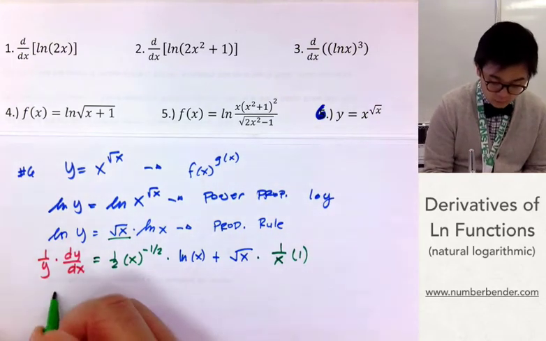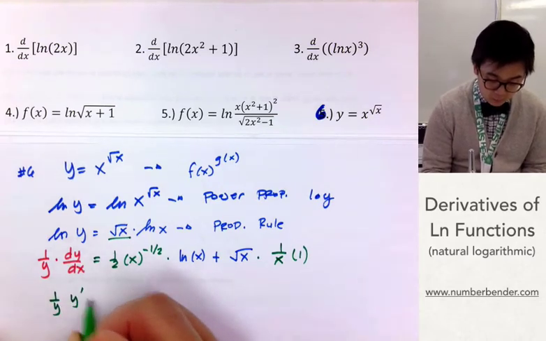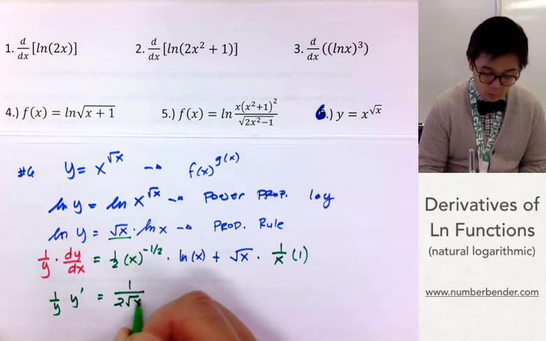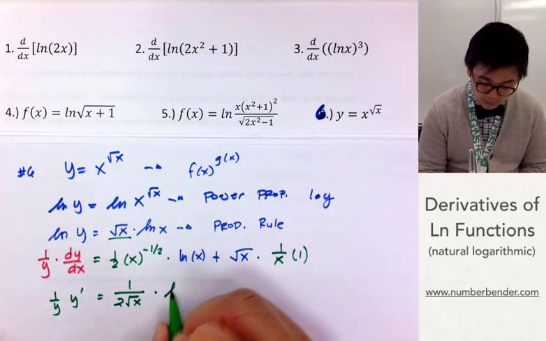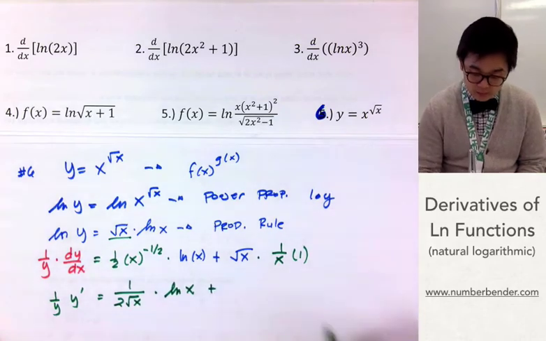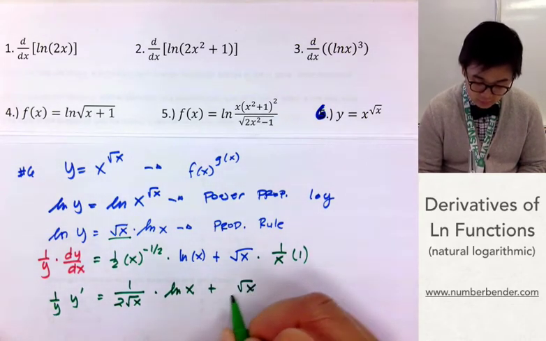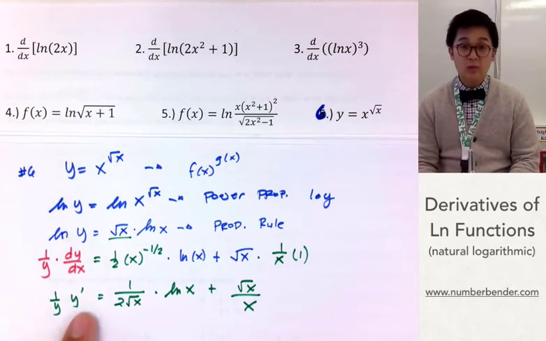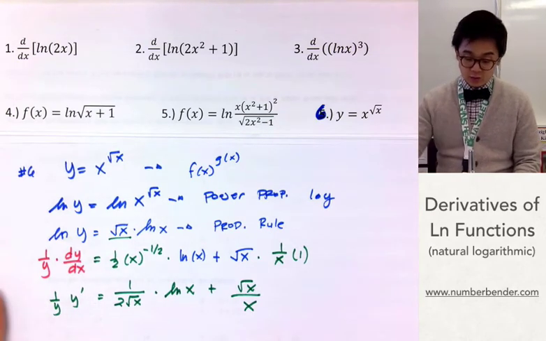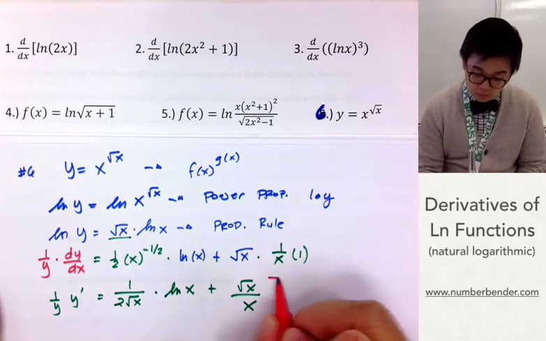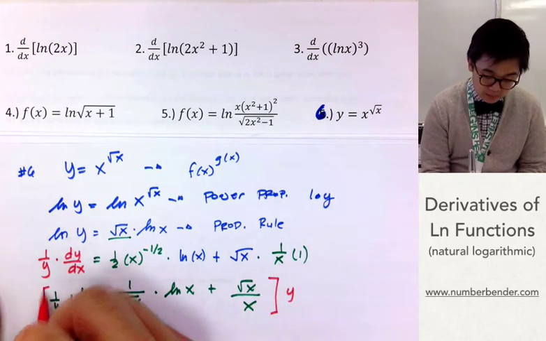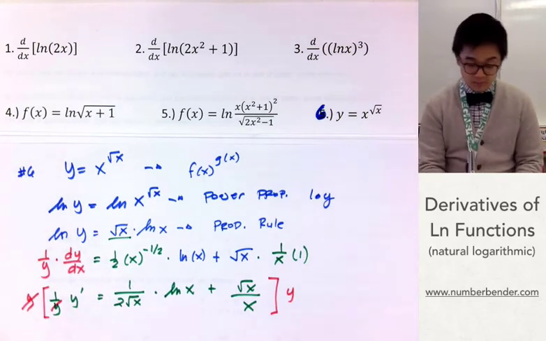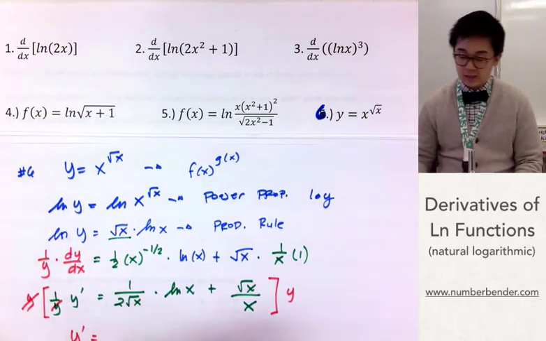So now we have 1 over y times y prime equals 1 over 2 square root of x multiplied by ln x, plus square root of x all over x. This is now the derivative function, but we need y prime by itself. So we multiply both sides of the equation by y, so we can get rid of this using algebra, and now y prime is by itself.